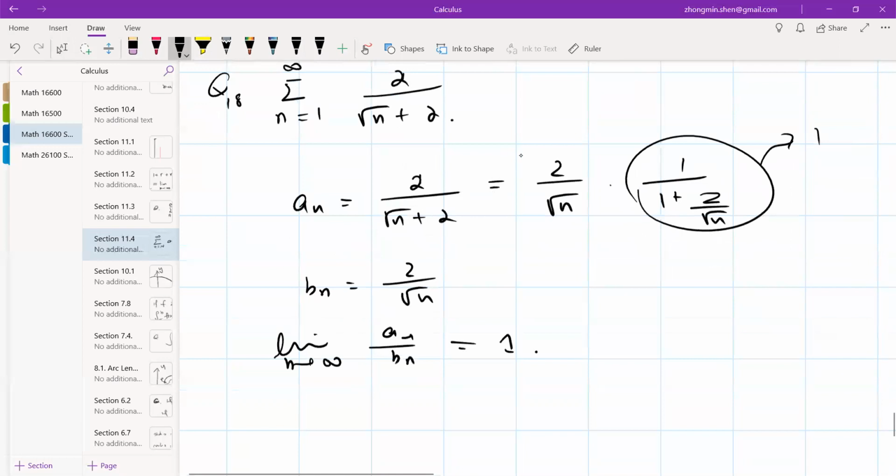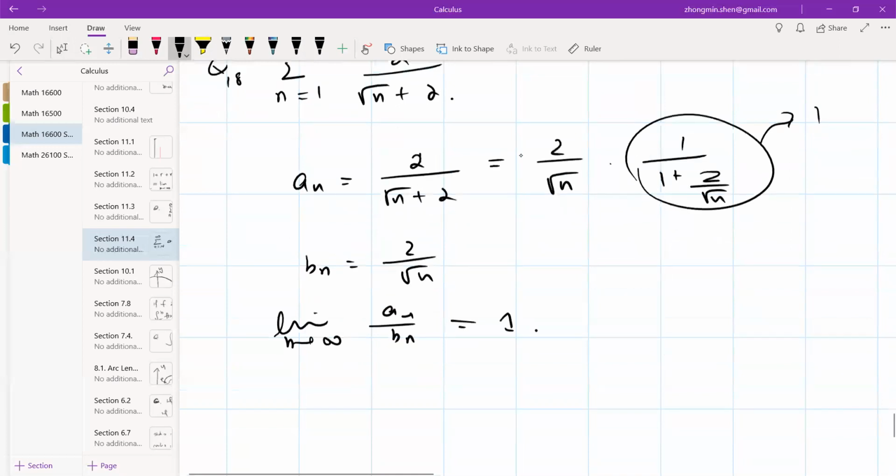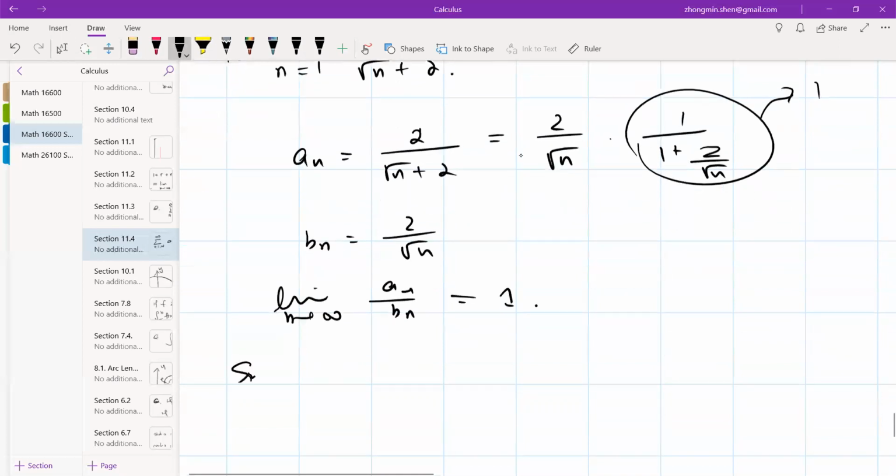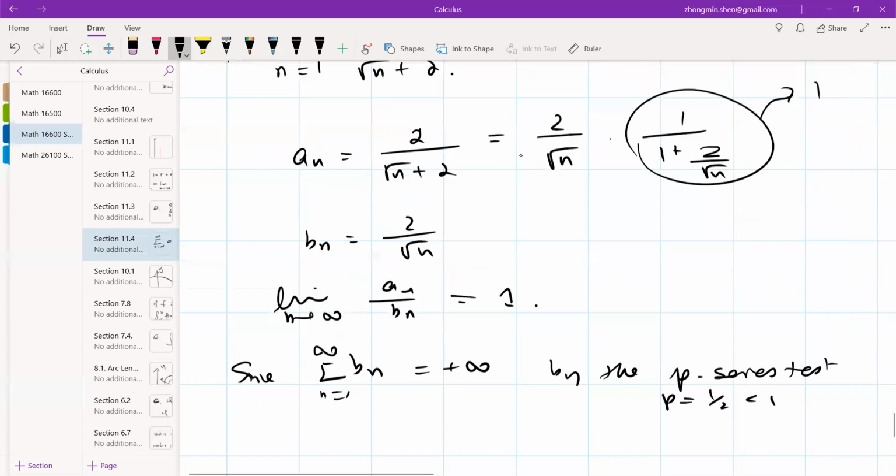Right? Okay? Since n starts from 1 to infinity, this is infinite by the p-series test. p equals 1/2, it's less than 1.